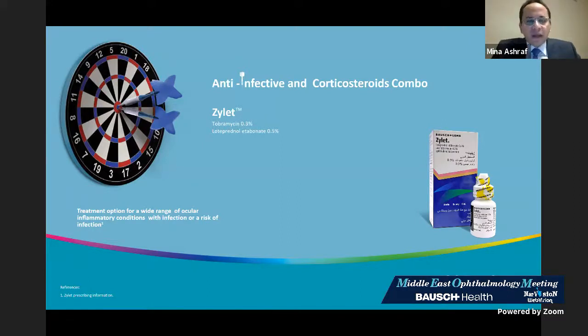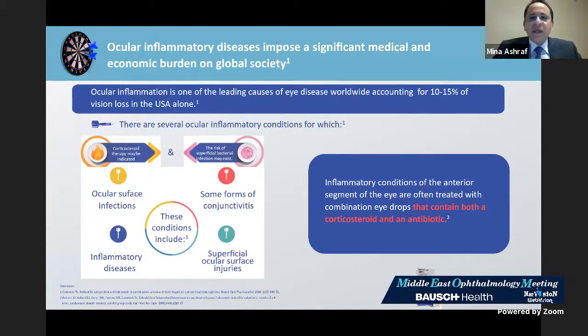Talking about Xilit, it's worth mentioning that ocular inflammatory diseases impose a significant medical and economic burden on global society. Ocular inflammation is one of the leading causes of eye disease worldwide, accounting for 10 to 15% of vision loss in the United States of America alone. There are several ocular inflammatory conditions for which corticosteroid therapy may be indicated, and in addition there is a risk of superficial bacterial infection.